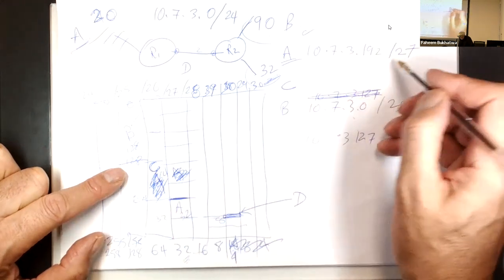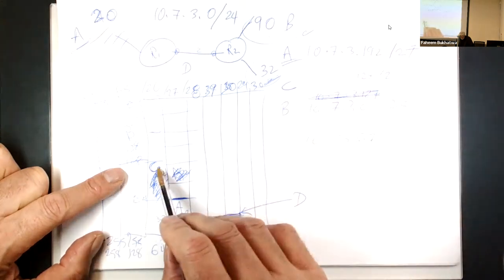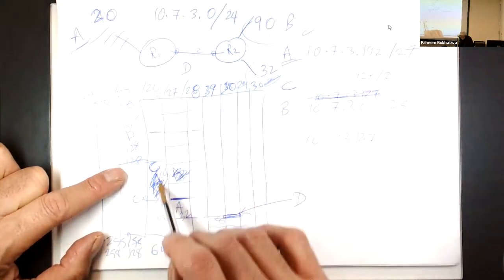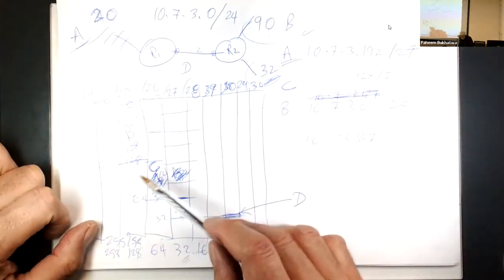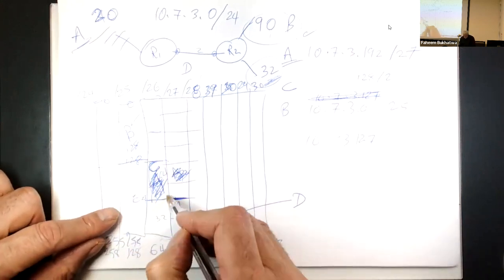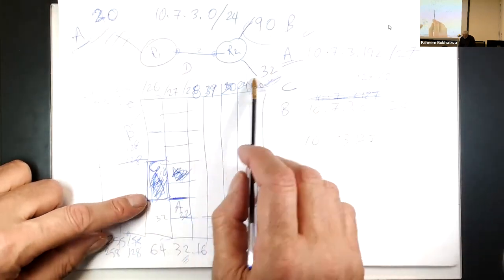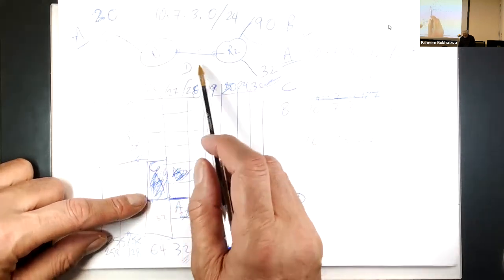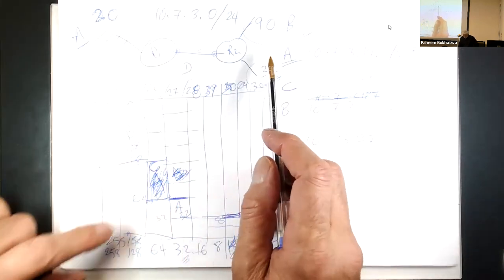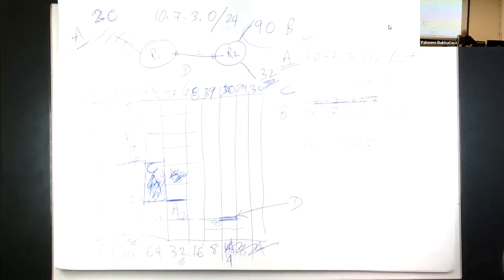Not 28. /26. Right? No, see, we're giving it here. We're giving it only 64 addresses. Where's C? It's A, B, and C. Here C needs 32 addresses, but we gave it 64.